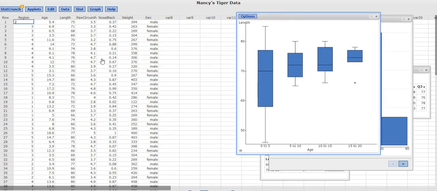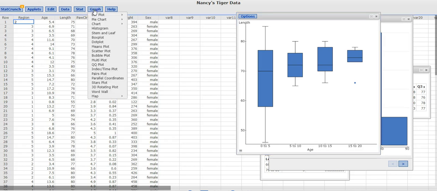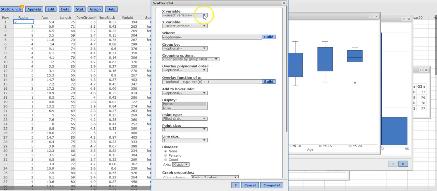Now, the other thing that I really do want to look at, if I'm looking at the relationship between two quantitative variables, one that is probably going to be helpful is a scatter plot. In this, it really doesn't matter which one I choose for X and which one I choose for Y. And for this, I just want to do a basic scatter plot.